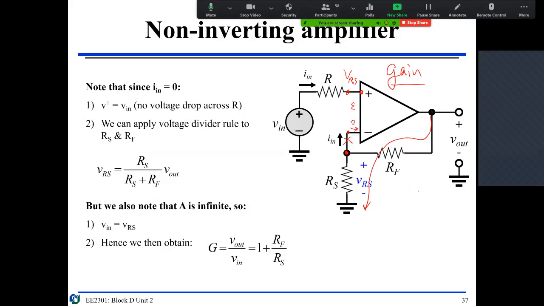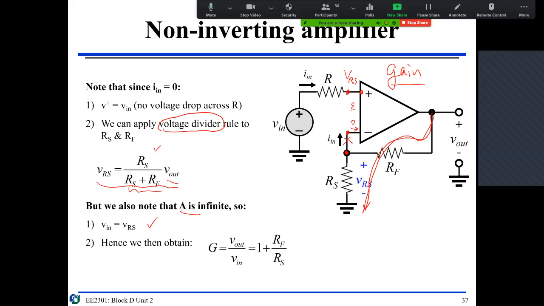What is the voltage of VRS? It's RS over the total R, where the total from here to here is RF plus RS, with V out. And remember, we already said that here V plus equals V in, that's for sure. V in is VRS because A is infinity.